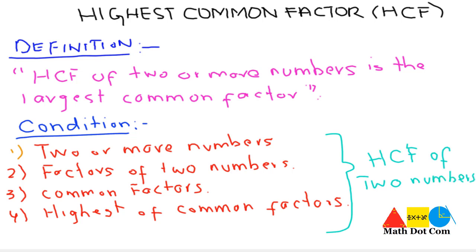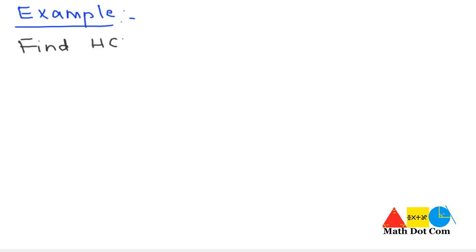Okay, now we will discuss the concept through an example, as it is the best way to understand any concept. Let's take an example. The question is: find the HCF of 36 and 24.